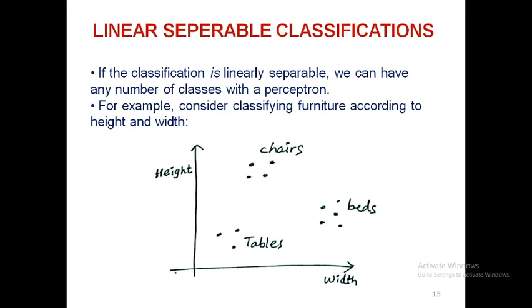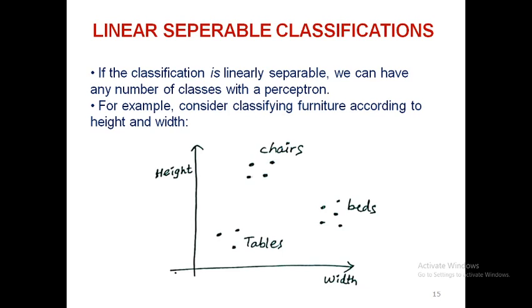For example, instead of I1, I2, earlier I had taken two input cases, here I have taken width and height as inputs. So what are the classes here? Tables is one class, chairs is one class, beds is one class.